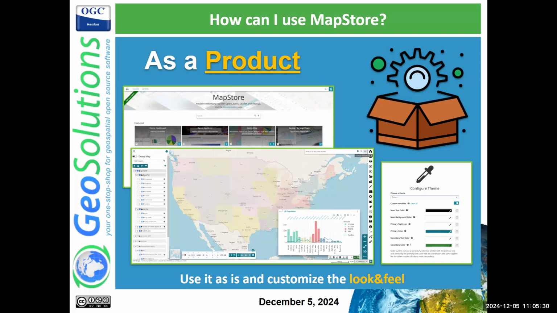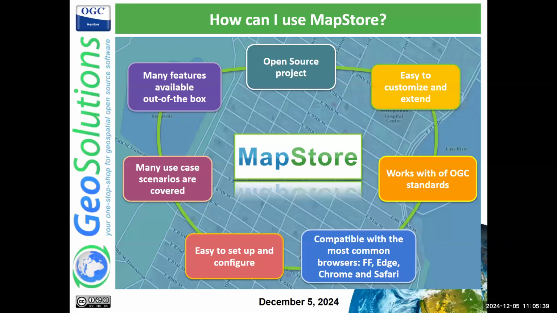You can effectively use it as is in a few steps, for example, by simply customizing the look and feel. And this way, you will have a ready-to-use open source WebGIS with many features available right out of the box, with tools and capabilities that will allow you and your organization to cover as many use cases.